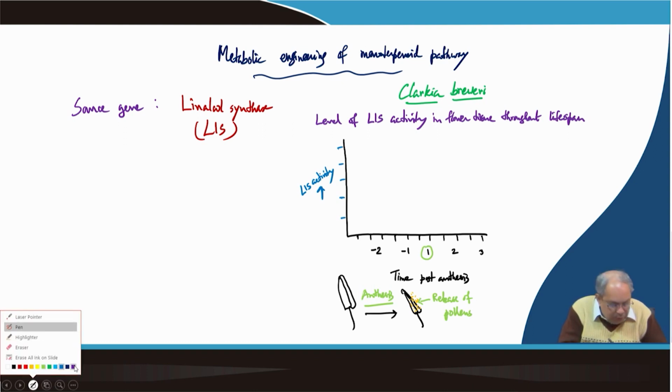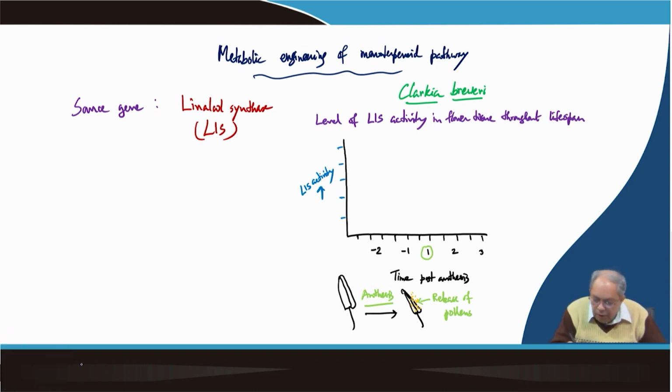What I am going to show here is how the linalool synthase activity behaves. So, this is 2, and then this is 1, and then at 1 it goes slightly down, and it goes further down.